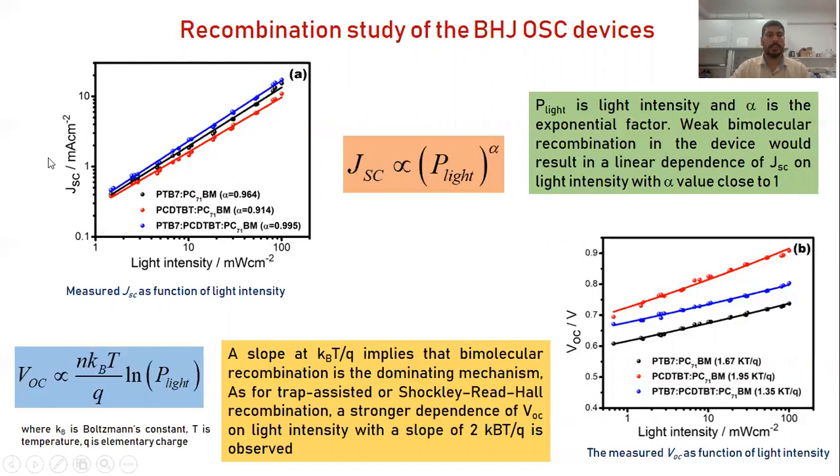So here you can see the variation of the JSC with respect to the light intensity, and the dependence of the JSC on the light intensity follows this relation.